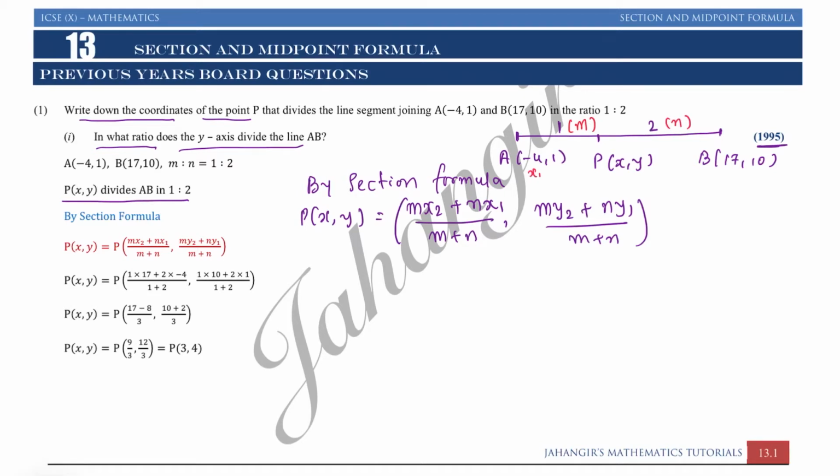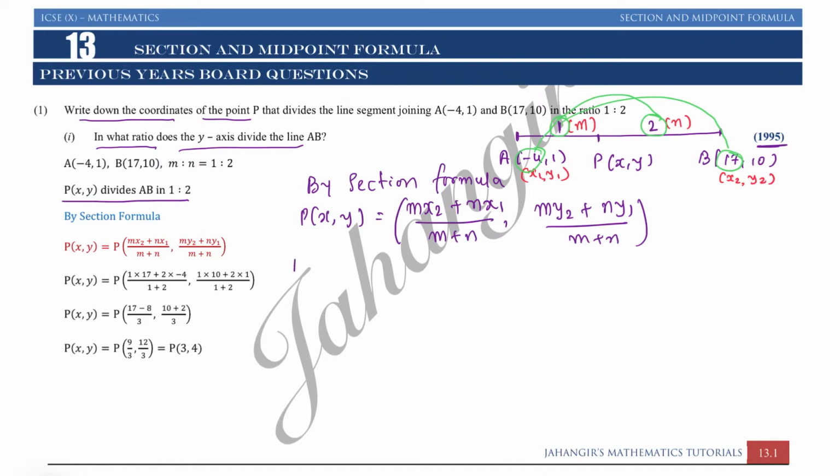We can keep this as x1, y1 and this as x2, y2. So just take m into 17 plus n into minus 4, that is for x.